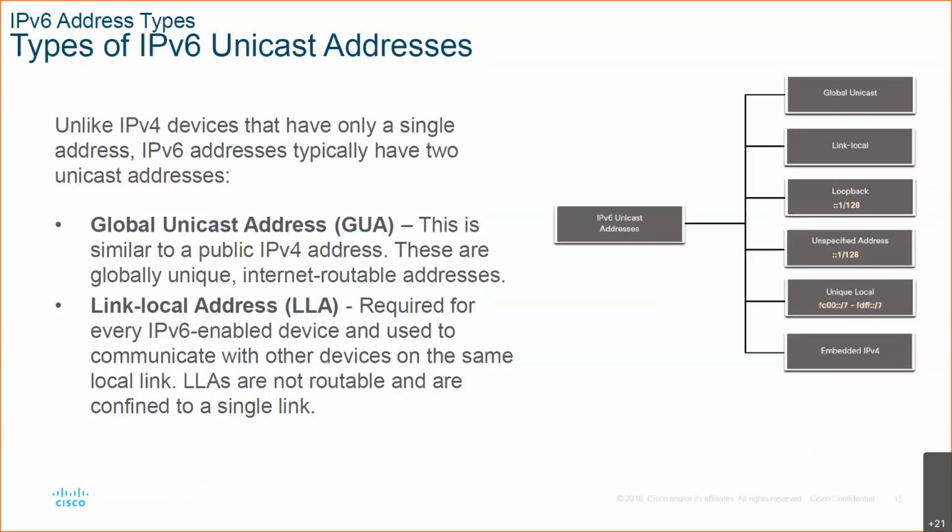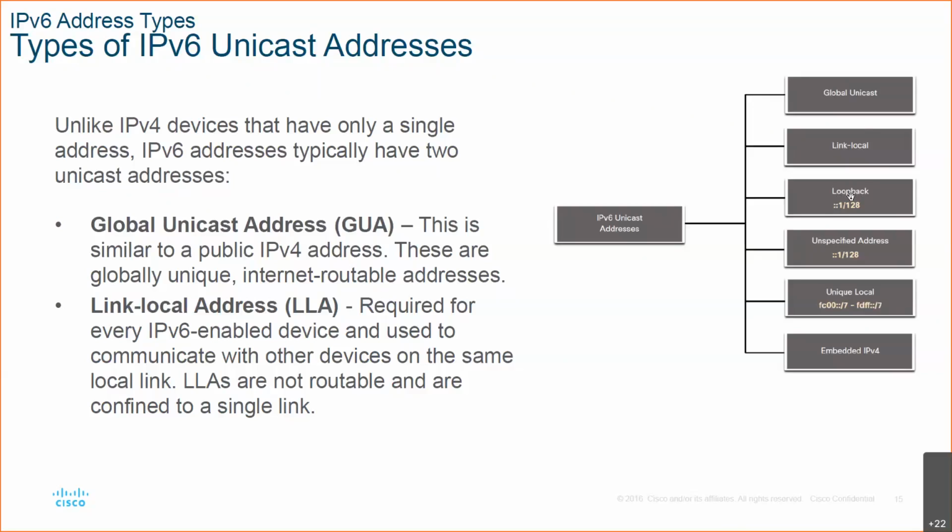The other one is your link local address. The link local address is only to communicate within the intranet, within the local link, and they are not routable, they cannot go out. Just like IPv4 has a loopback address, we have a loopback address for IPv6 as well.